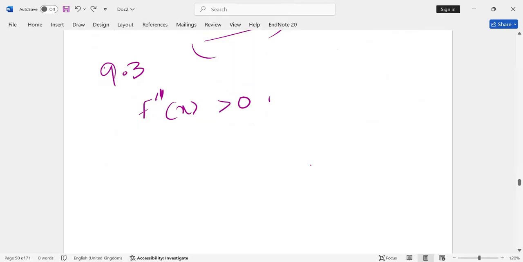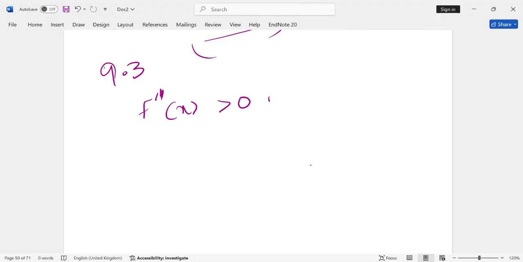For a cubic function, the change in concavity happens at the point of inflection, which is exactly midway between the local maximum and local minimum. So let's find the x coordinate of the point of inflection.